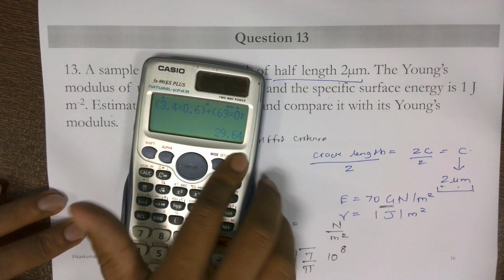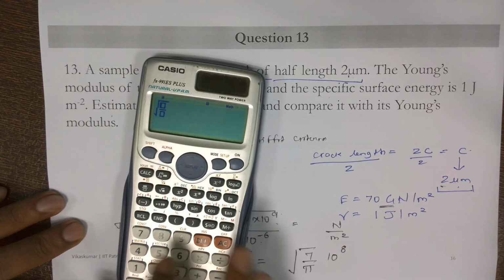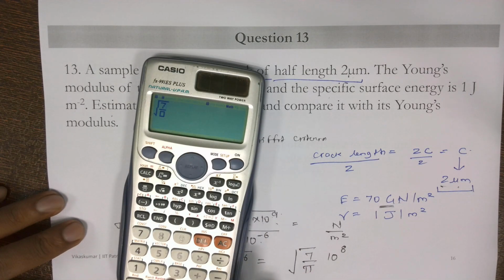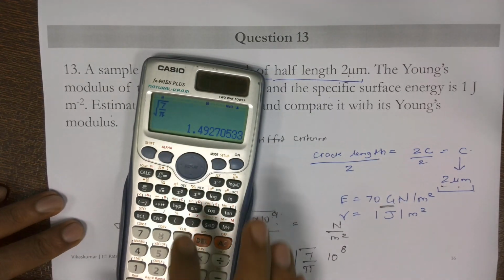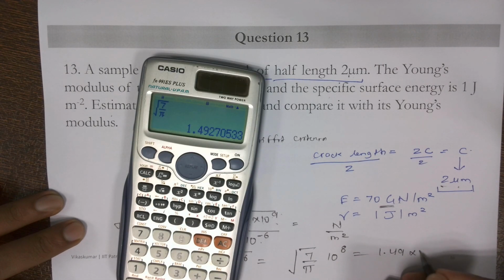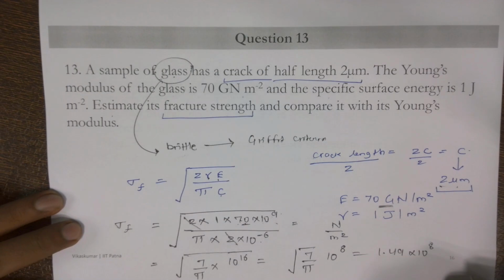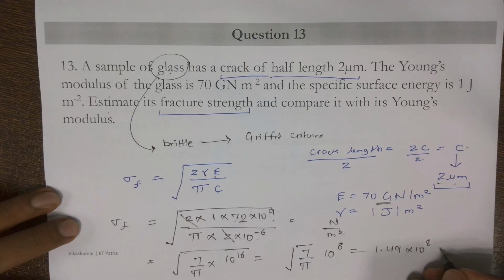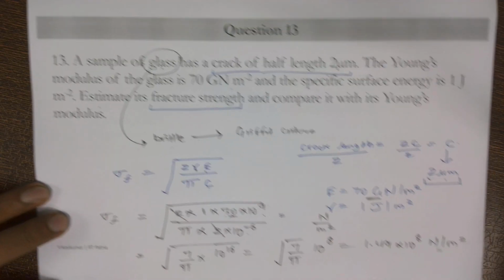Let's calculate this value. Root over 7 by pi. The value which we have got is 1.49 into 10 to the power of 8 in the Newton per meter square.